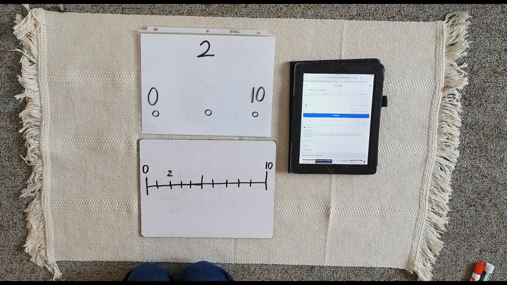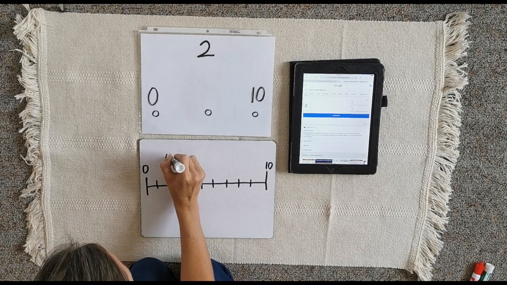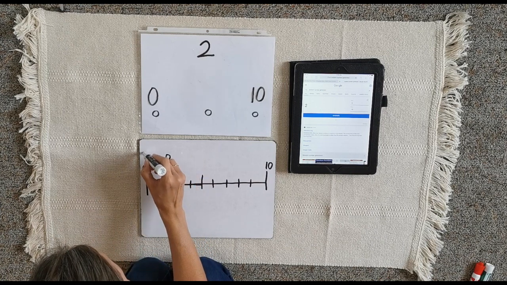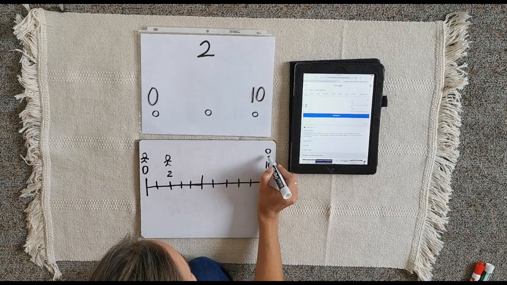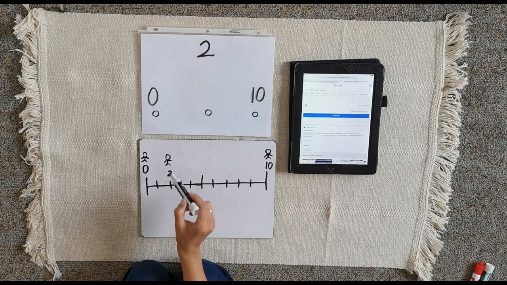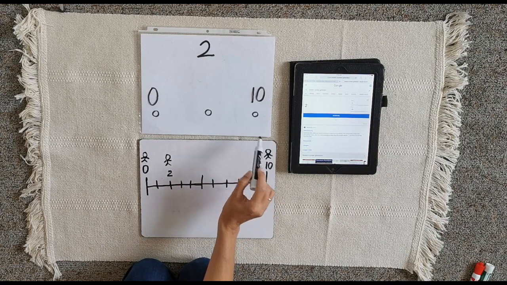And I can see that number 2. Imagine that number 2 is you. Number 0 is your sister. And number 10 is your brother, if you have some. Are you closer to your sister or closer to your brother?